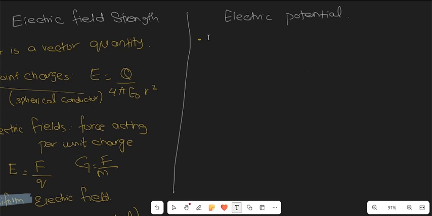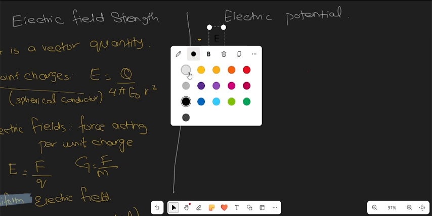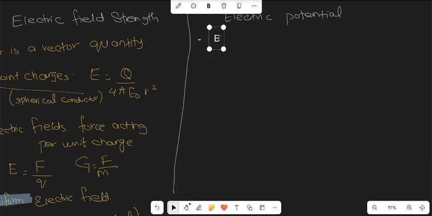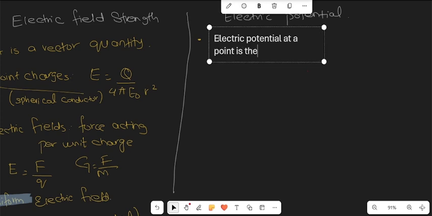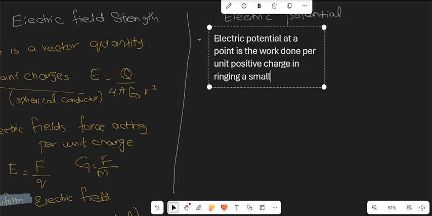Electric potential at a point is the work done per unit positive charge in bringing a small test charge from infinity to a point.